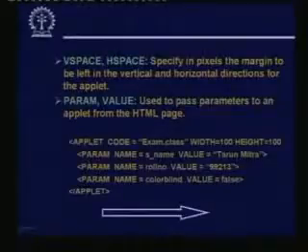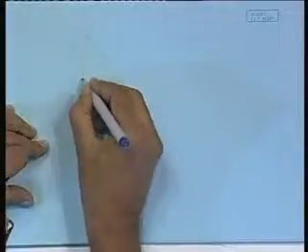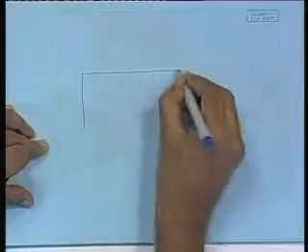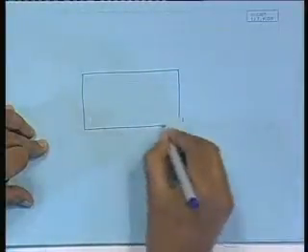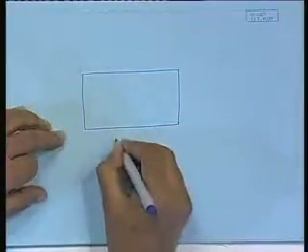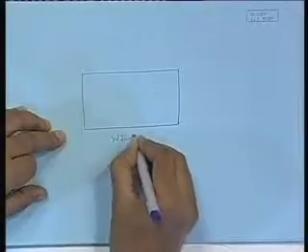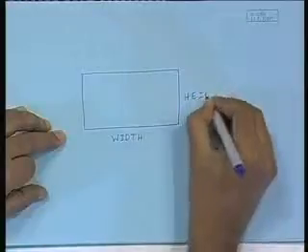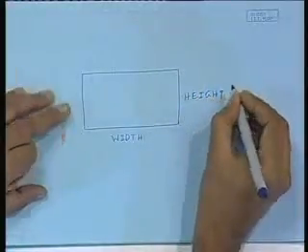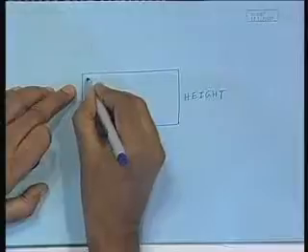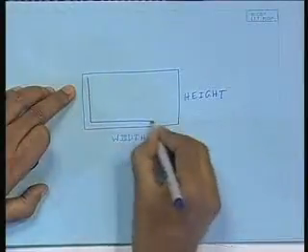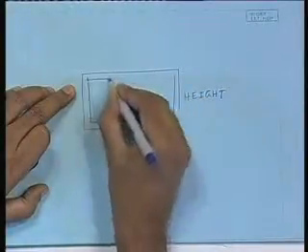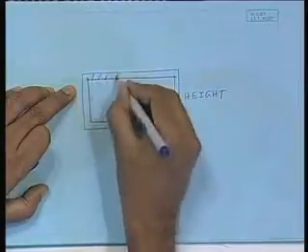VSPACE, HSPACE, this specifies the margin. See, it is like this: you have specified the size of the applet window. This is the width and the height. In addition, you can specify some margin which has to be kept on the four sides.